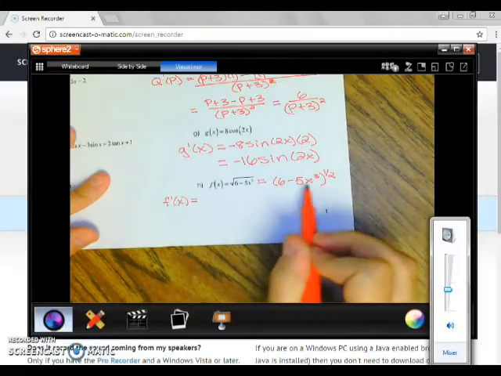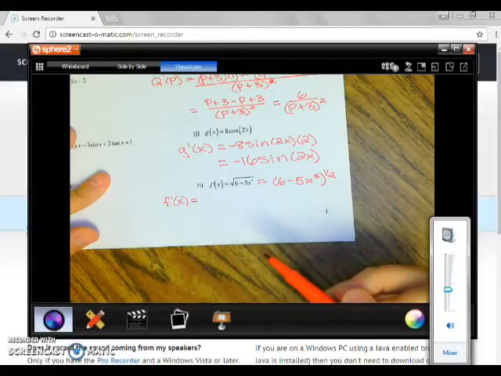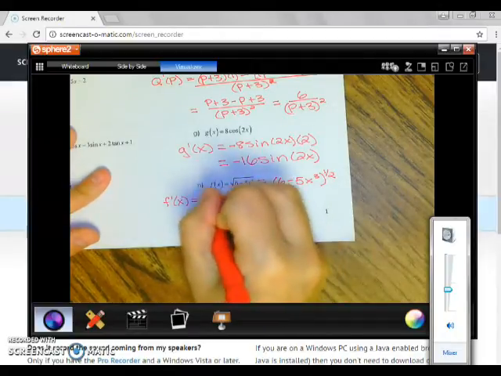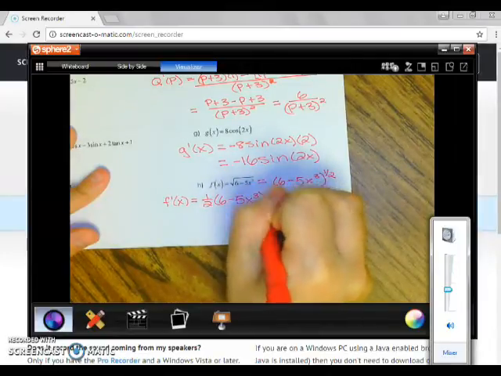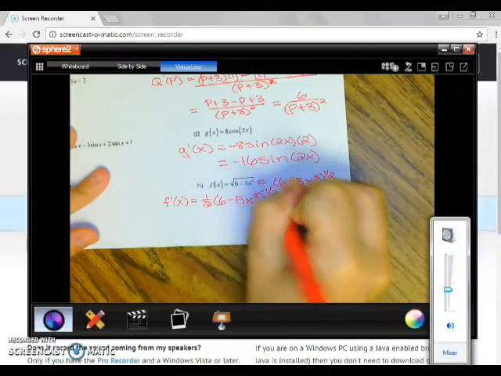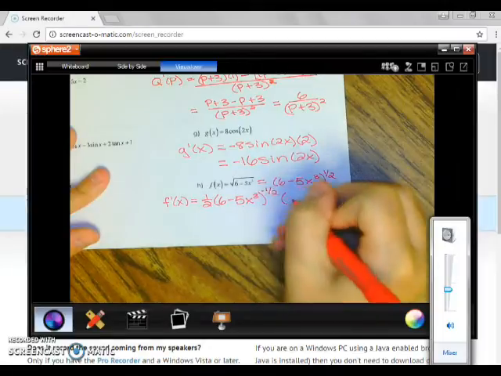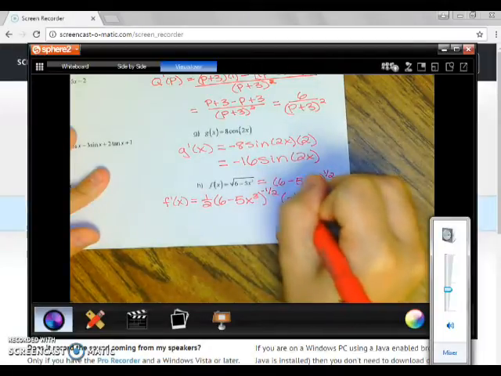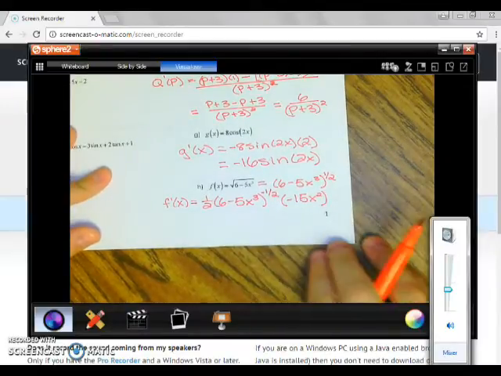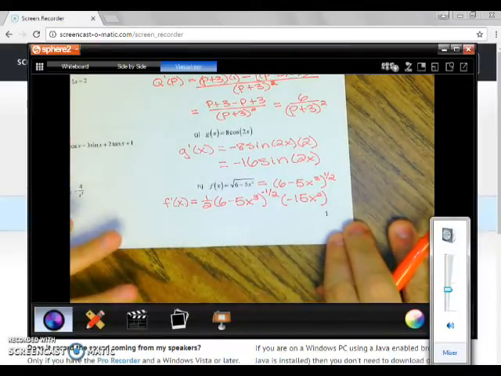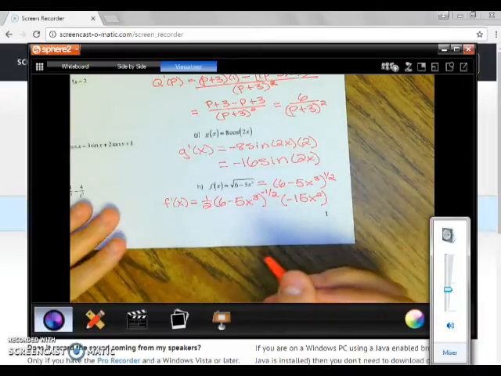Then we multiply by the derivative of that parenthesis. So we have 1/2 times 6 minus 5x cubed, raised to the negative 1/2 power, and the derivative of the inside is negative 15x squared. Okay? And again, there's a safe stop, and you've done all the calculus.